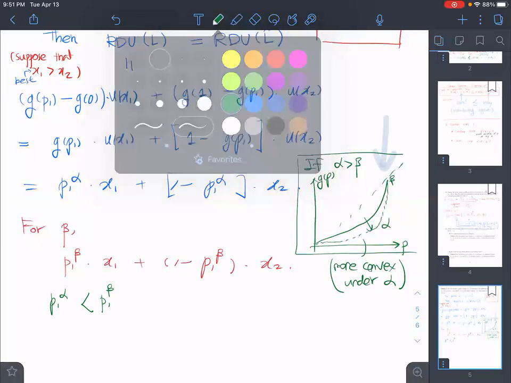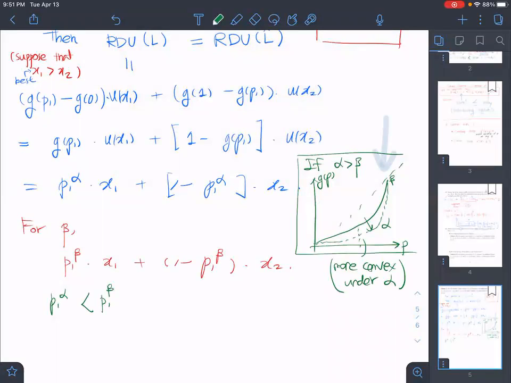For the same level of P, the curve for beta is always above alpha. So P1 to the beta is always greater than P1 to the alpha. If I fix x1, this number is getting greater.